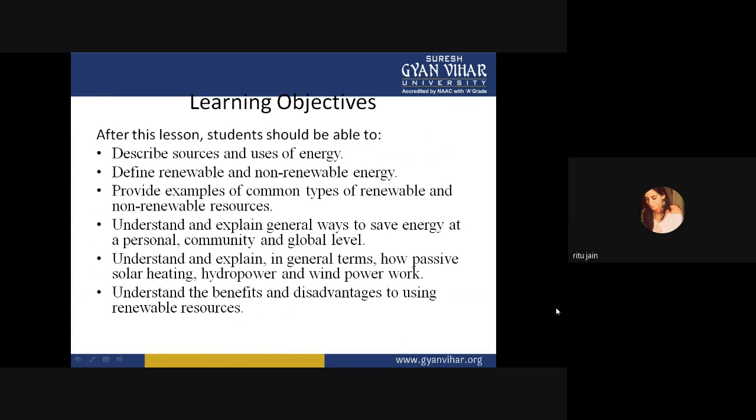And we will discuss the benefits and disadvantages of renewable energy sources.